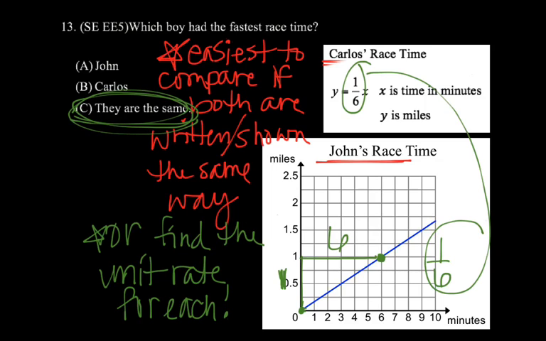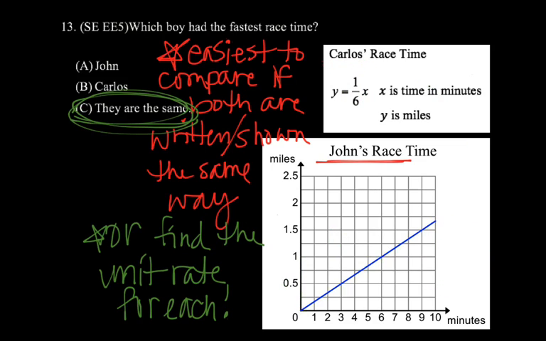Okay. Let's look at what I did in red. In red, I said, just compare the two. If I tried to graph that equation, y equals 1/6x, if I made a table, pick an x, get a y. Well, my x is 0. If my x was 0, I'd have 1/6 times 0, which equals 0. Plot 0, 0.